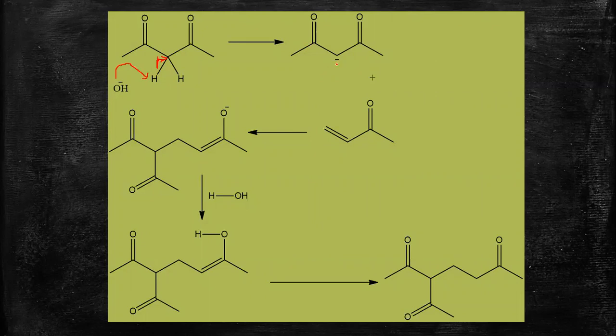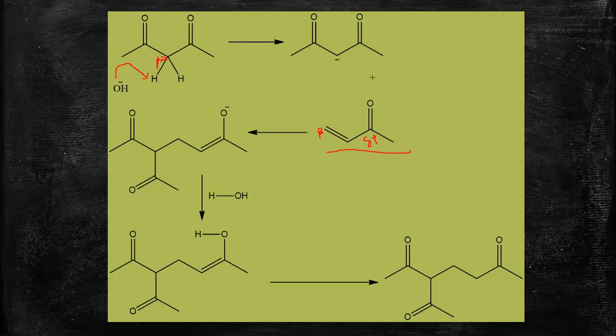So this enolate would attack. Now this compound, which is the Michael acceptor, has two electrophilic centers: this carbonyl carbon here and this beta carbon.